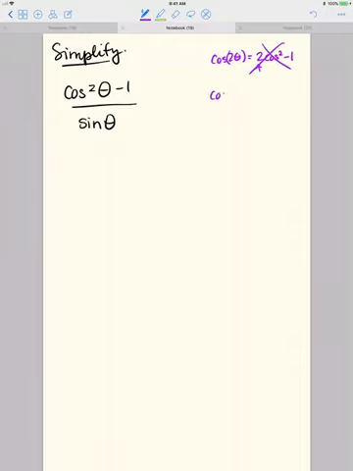The other identity that I have is that cosine squared plus sine squared equals 1. And if I write that in terms of sine squared, it's 1 minus cosine squared. Notice that's almost the same quantity that I have in my numerator, but the subtraction is flipped.